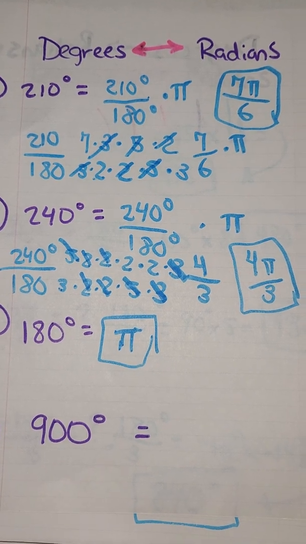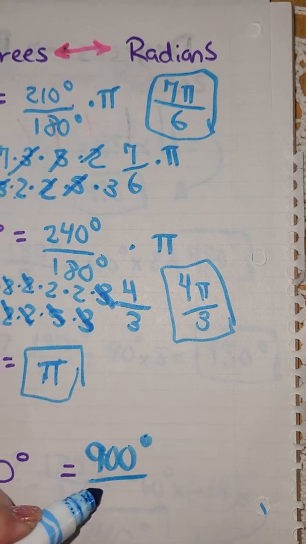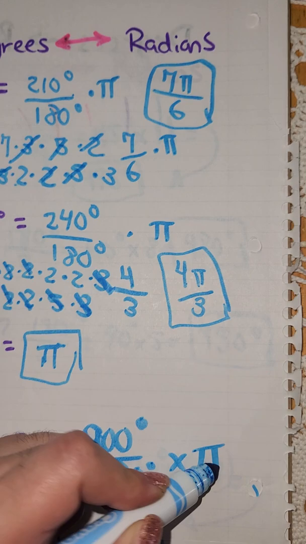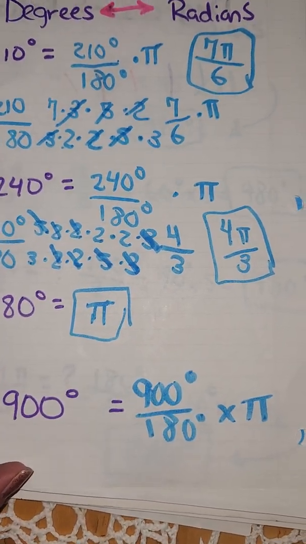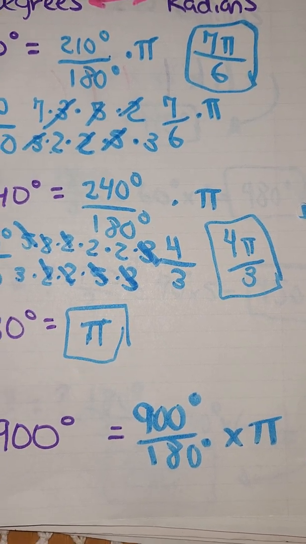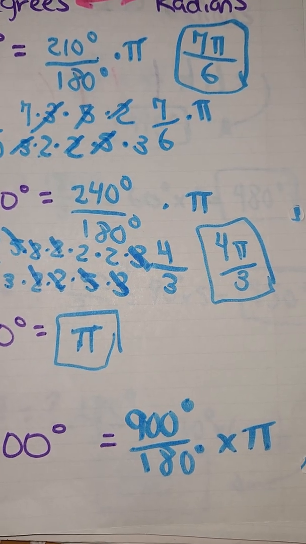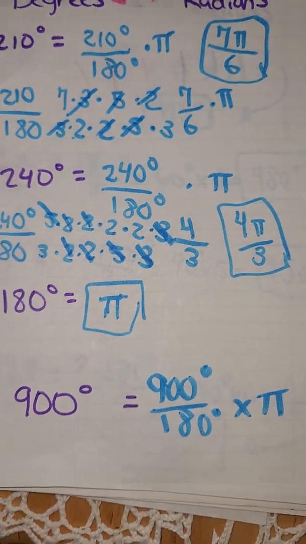So 900 degrees again, divided by 180, and times it times pi. And you should get 5 pi as your answer.